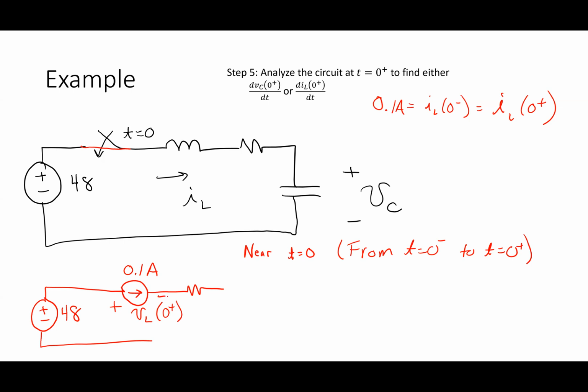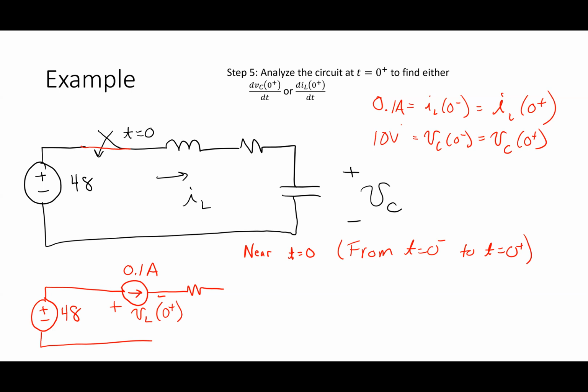Okay, now, what about the capacitor? What do we know about the capacitor voltage from 0 minus and 0 plus, VC of 0 minus and VC of 0 plus? They're the same. And in this case, I was told they were 10 volts. So in the case of the inductor current, at 0 minus and 0 plus they're the same, so over that short period of time we thought of the inductor as a current source with a fixed value.